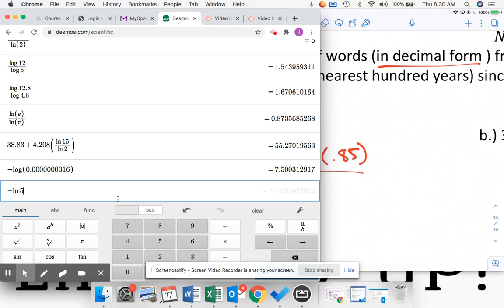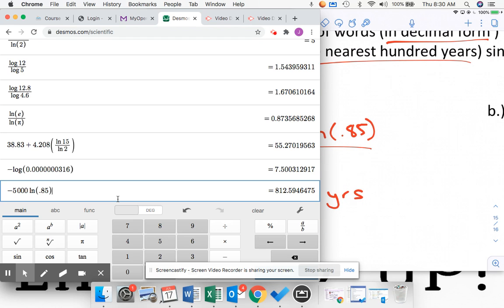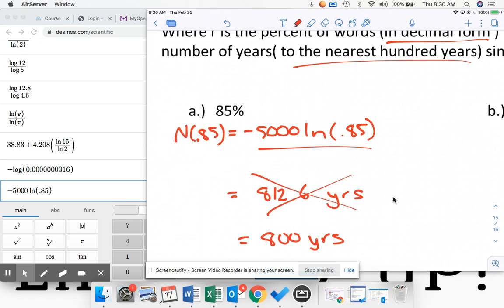Negative 5,000 ln of 0.85. Looks like it has been 812.6 years. But it says to the nearest 100 years, so we would say 800 years since that split, right?